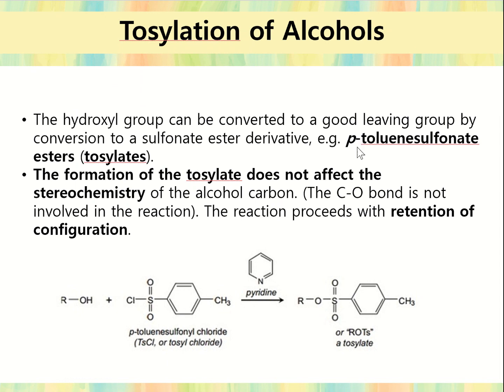That is, for example, p-toluene sulfonate esters or tosylate, as we just saw in the previous slide. And so the formation of the tosylate does not affect the stereochemistry of the alcohol carbon at all. The C-O bond is not involved in the reaction, and so the reaction proceeds with retention of configuration.